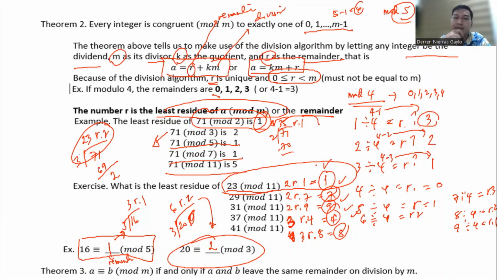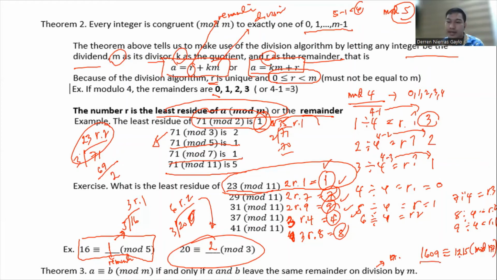So maybe let's have an example. The example for this theorem is that 1609 is congruent to 1215 modulo 197. Why?